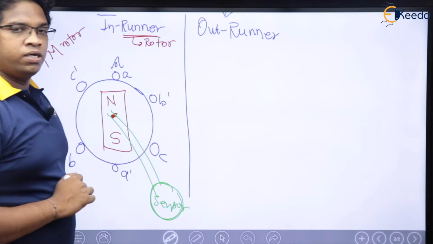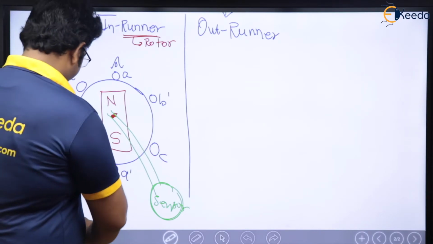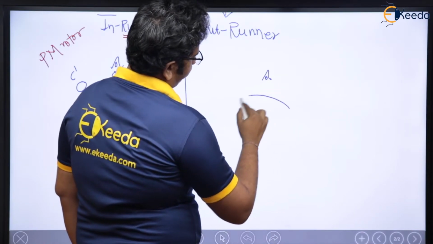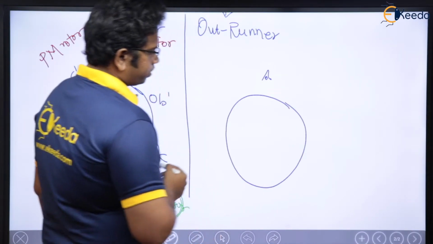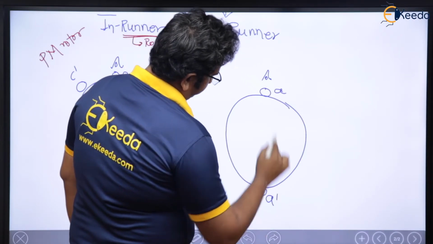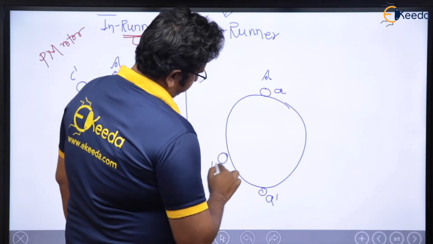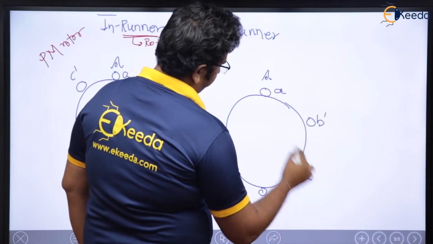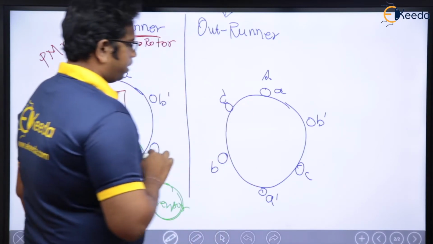Similarly, what do you mean by out runner, sir? Let us see. Out runner in the sense, you have the stator, right? You have the stator and you are going to have the coils, A dash. After 120 degrees, B dash. Again after 120 degrees, C and C dash.